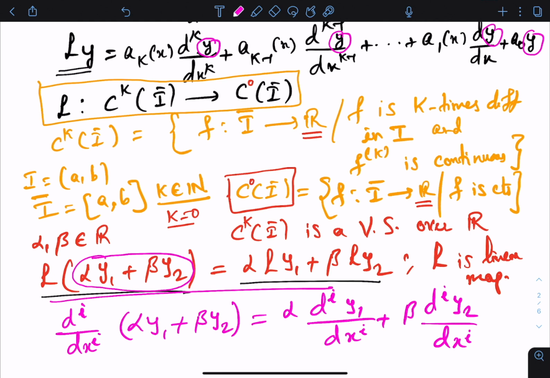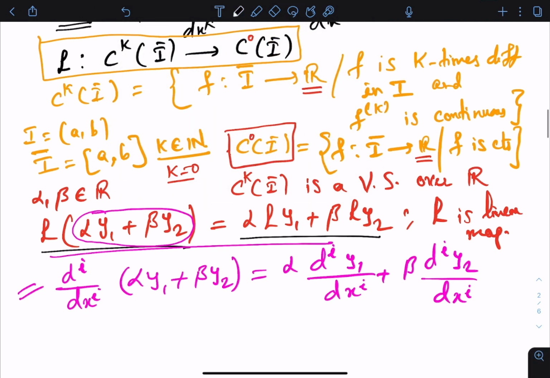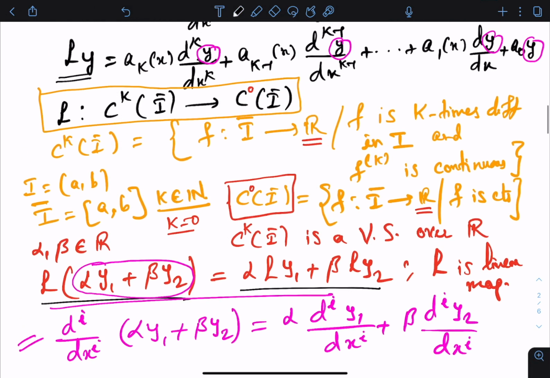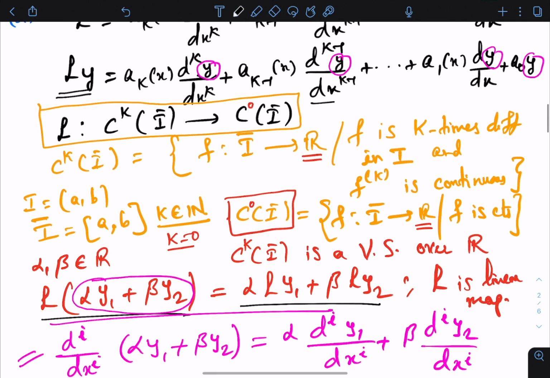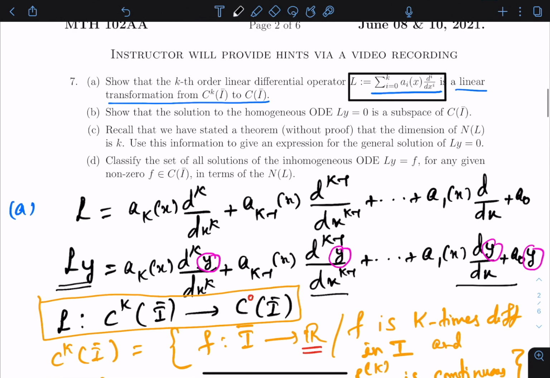Okay. So because this property is valid, then in every place here they all will split like this, so this property is valid. So the first property is true, that L is a linear map from C^k to C^k for this operator. Okay.